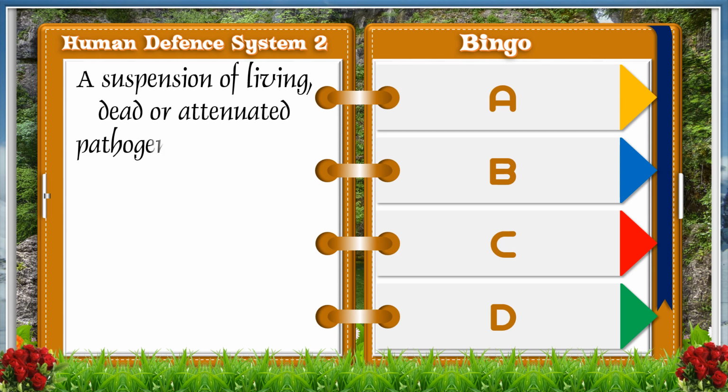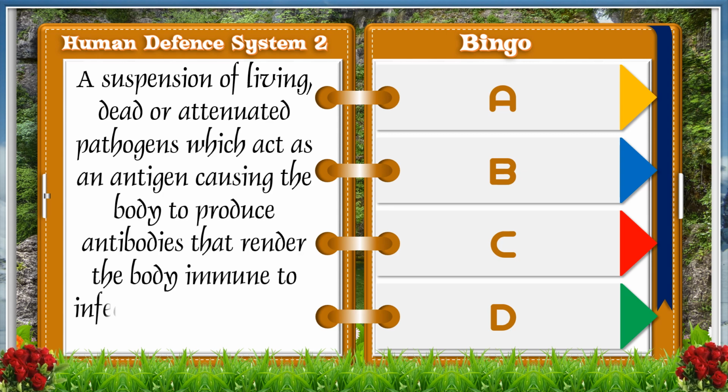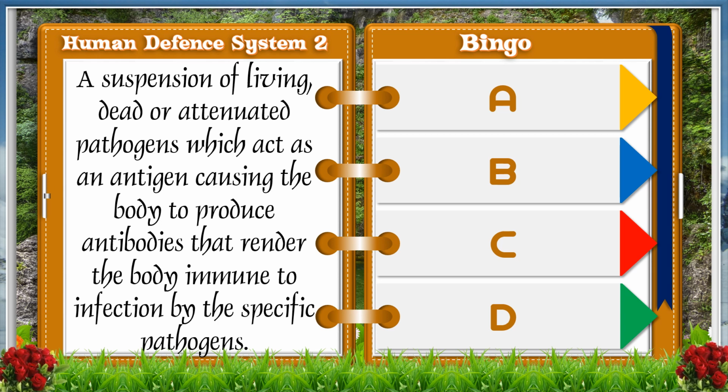A suspension of living, dead, or attenuated pathogen which acts as an antigen causing the body to produce antibodies that render the body immune to infection by the specific pathogen.